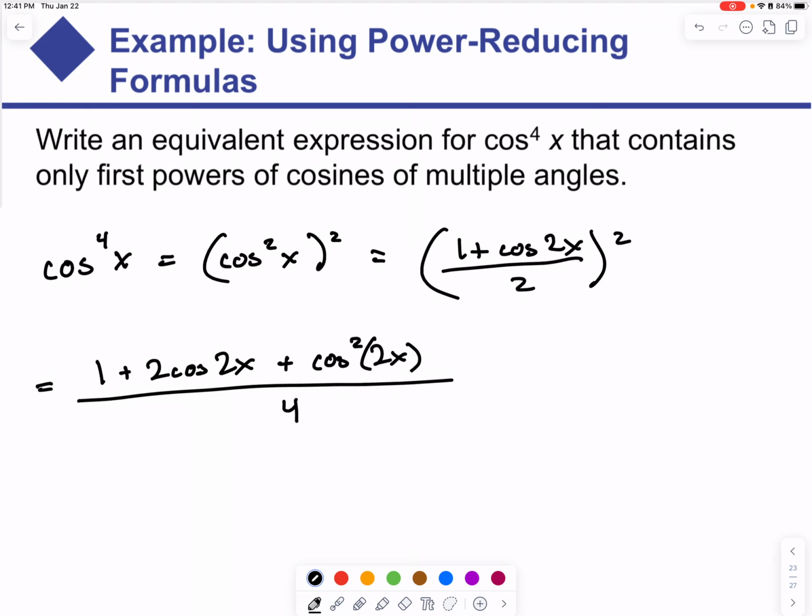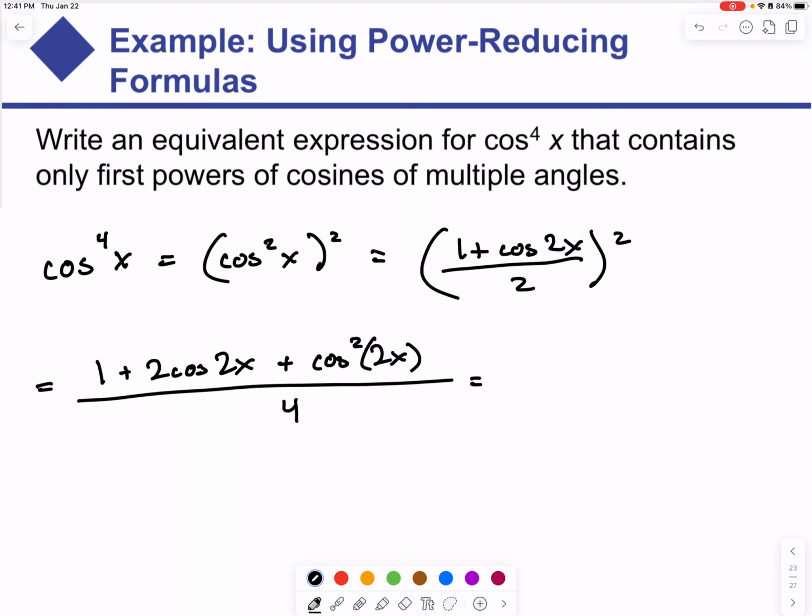Our goal is we want to write an equivalent expression for cosine to the 4 that contains only first powers of cosines of multiple angles, okay? So we need to do that cosine squared again, okay?